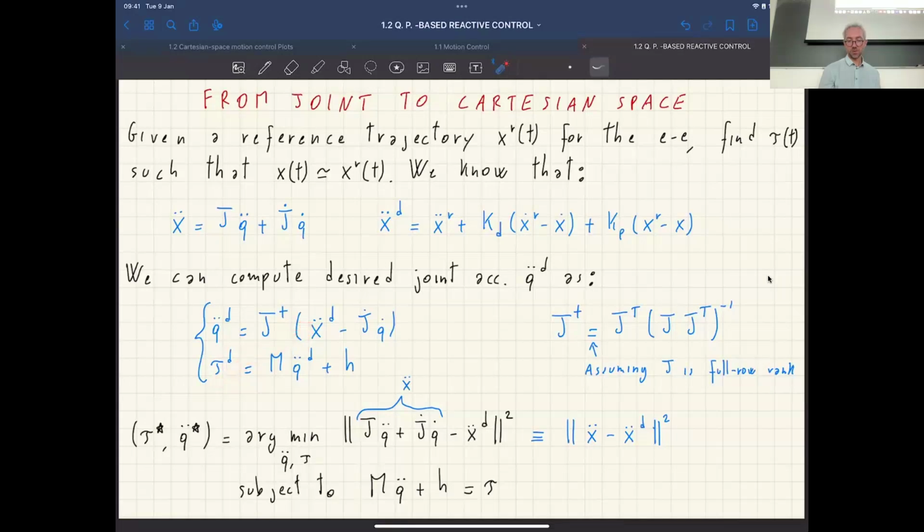What I meant with being lucky with the pseudo-inverse is basically that if this system of equations admits a solution, then the pseudo-inverse is going to find that solution for me.